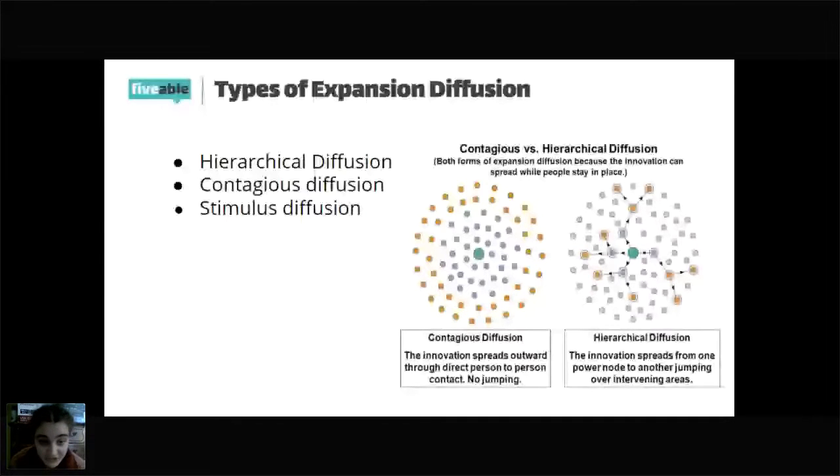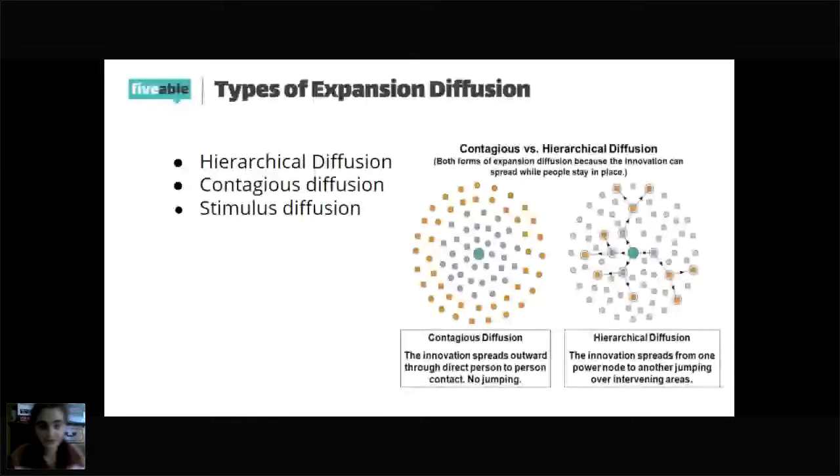Stimulus is a little bit different, but contagious basically means it spreads everywhere. There's no pattern to its spread. And hierarchical is basically the opposite. It spreads through a specific pattern. It starts in a hearth and then it diffuses downward, right? It's a top-down approach to the diffusion.